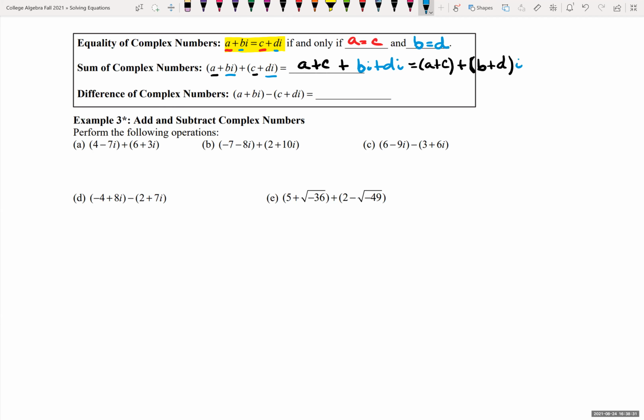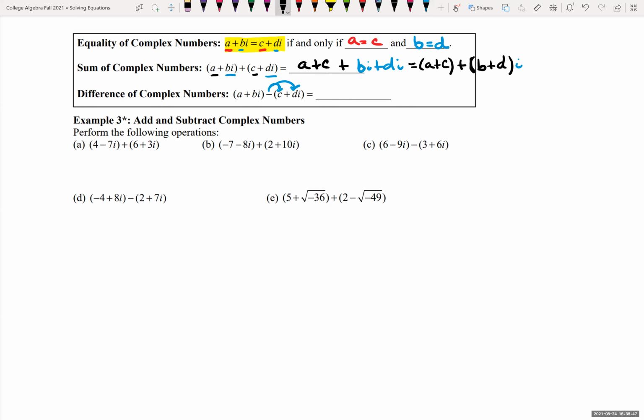So it's just like adding like terms. Treat it like adding like terms. If it's an imaginary number, they're like terms. For the difference, we have to be careful because of this minus; we have to distribute that negative sign in front of that second parentheses.